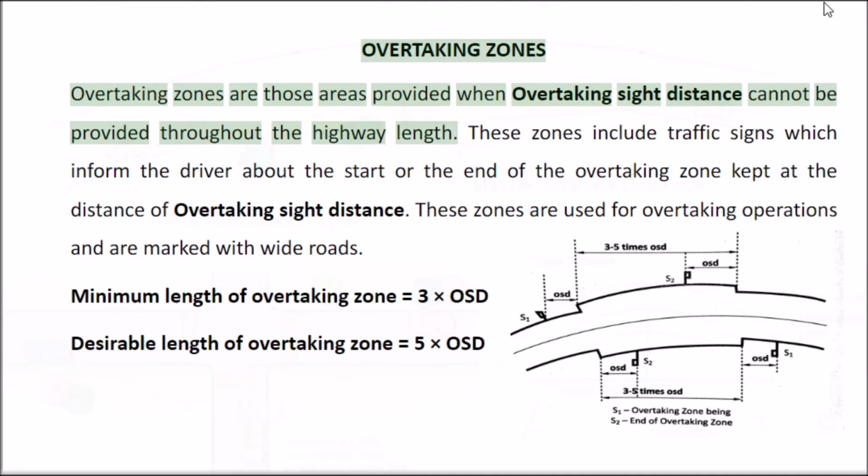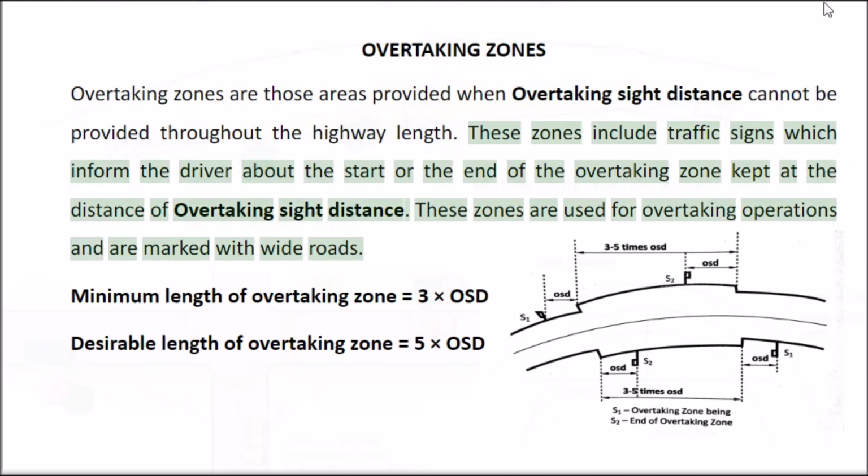Overtaking zones. Overtaking zones are those areas provided when overtaking sight distance cannot be provided throughout the highway length. These zones include traffic signs which inform the driver about the start or the end of the overtaking zone, kept at the distance of overtaking sight distance.